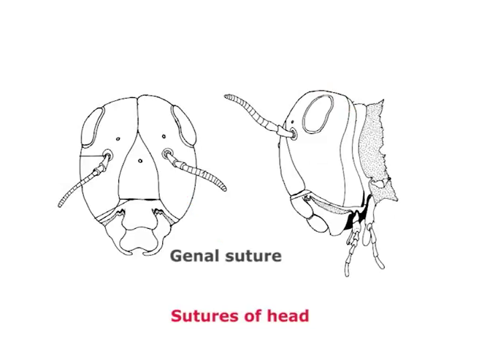Genal suture. It is the suture present on the lateral sides of the head, that is gena. Ocular suture. It is the circular suture present around each compound eye. Antennal suture. It is a marginal depressed ring around the antennal socket.